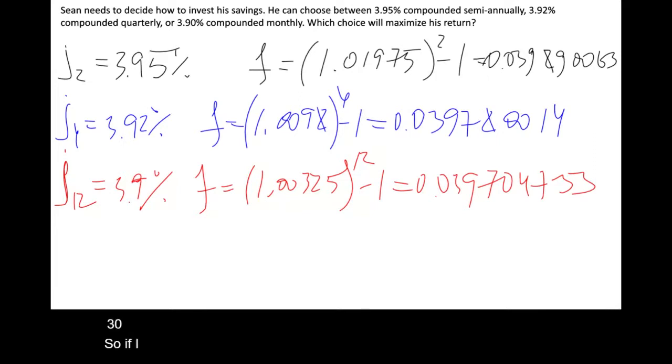So if I compare three of them, the first one is the best, and the monthly rate is the worst.